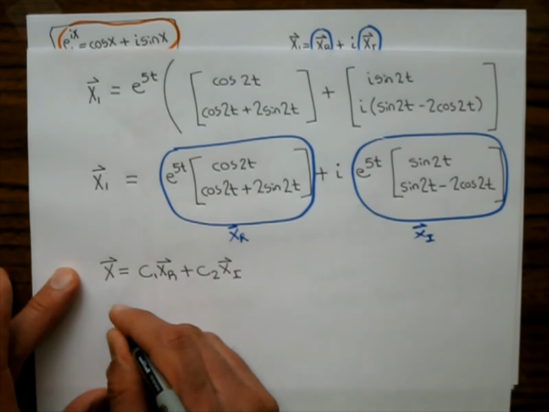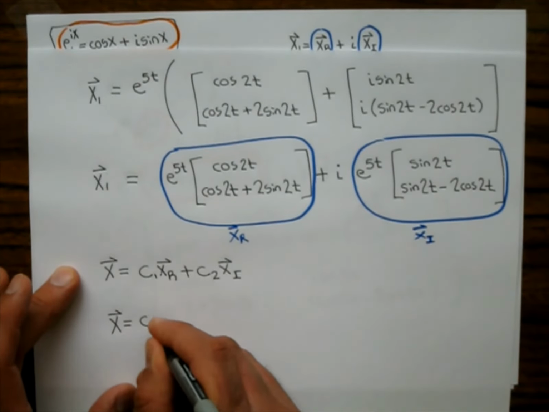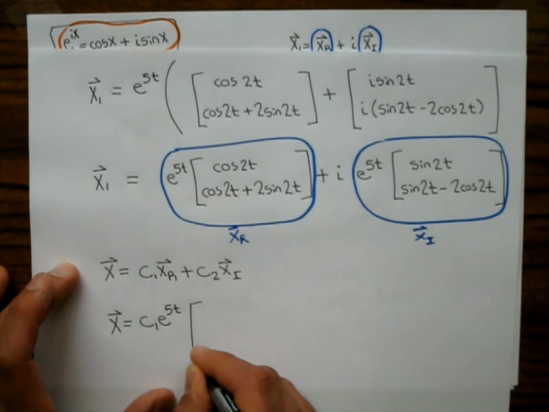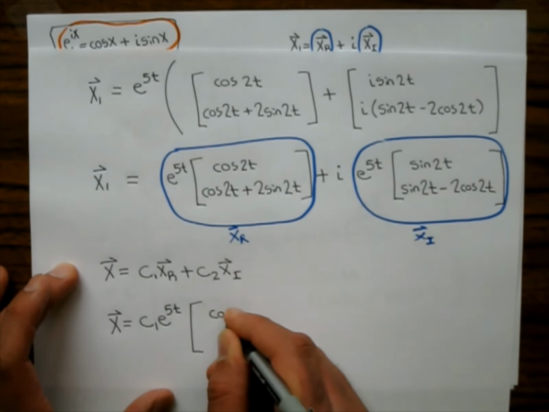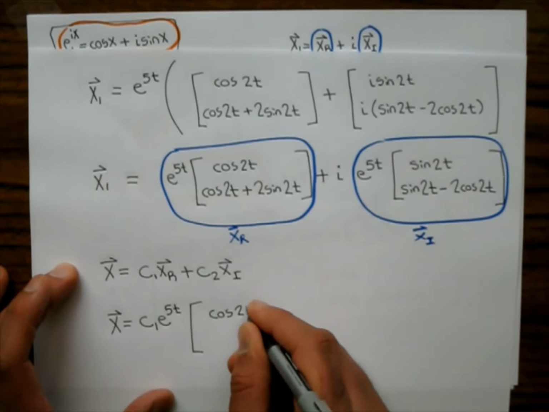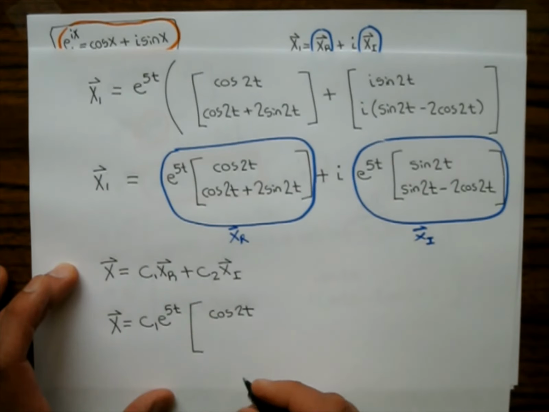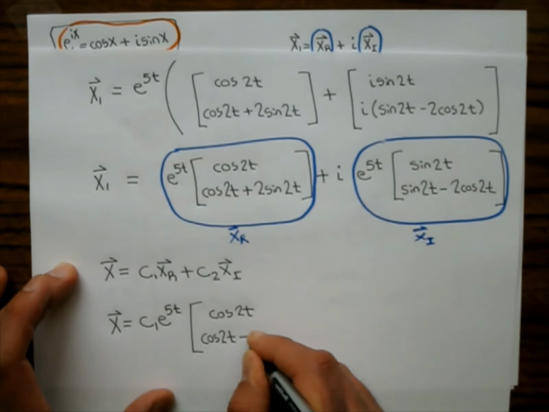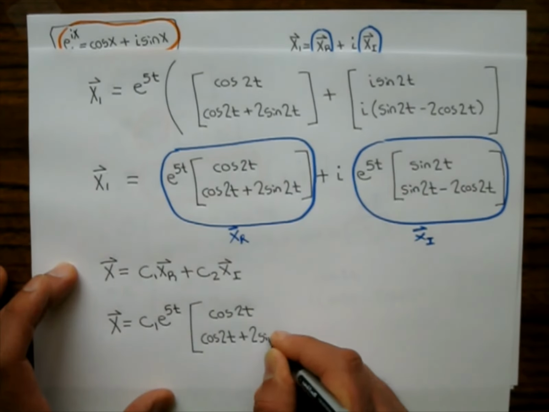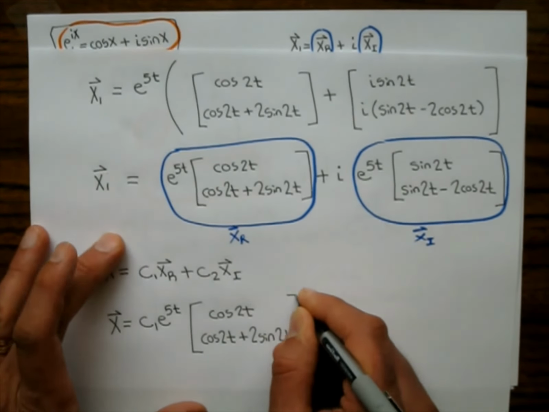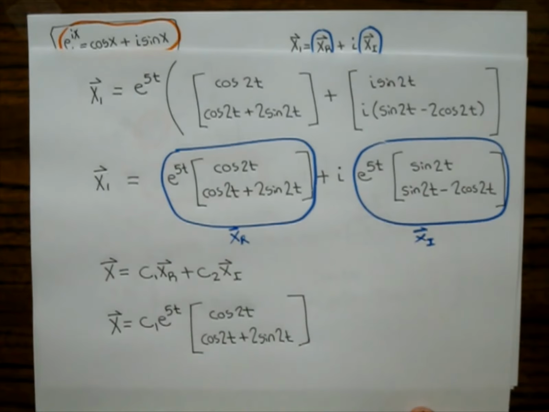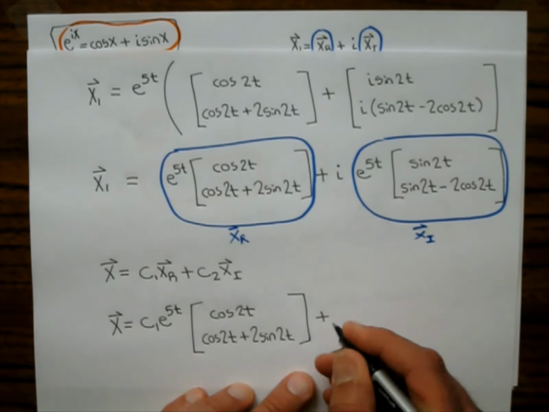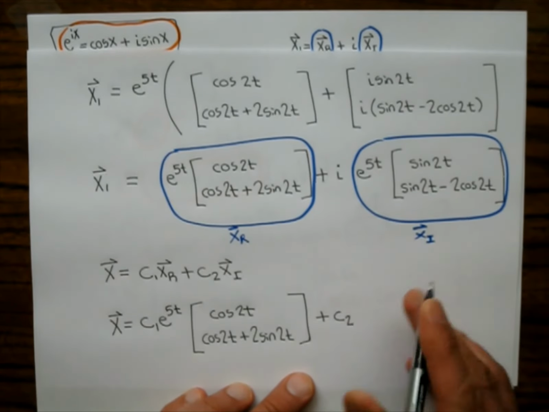So X bar is C1 e to the 5t, and this vector that I'm getting sick of writing again and again, cosine 2t, and then cosine 2t plus 2 sine 2t, and then plus C2 times the blue part.